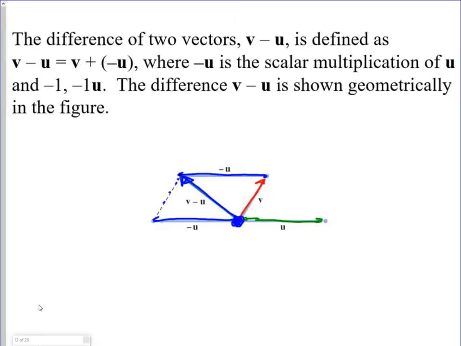Let's say V minus U is equal to V plus the opposite of U. Why do we want this?